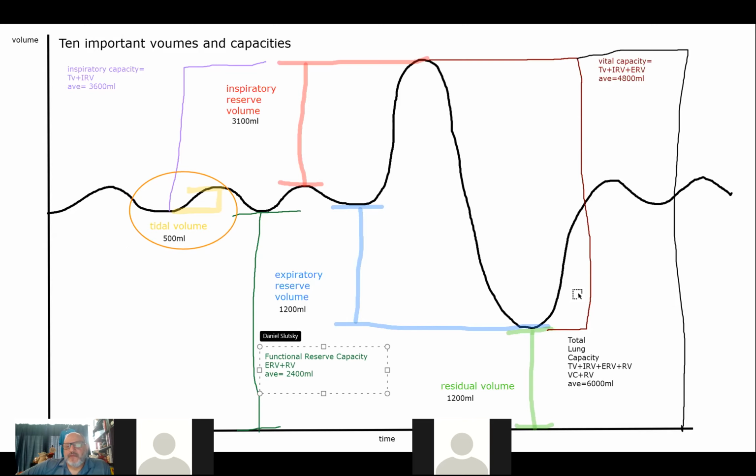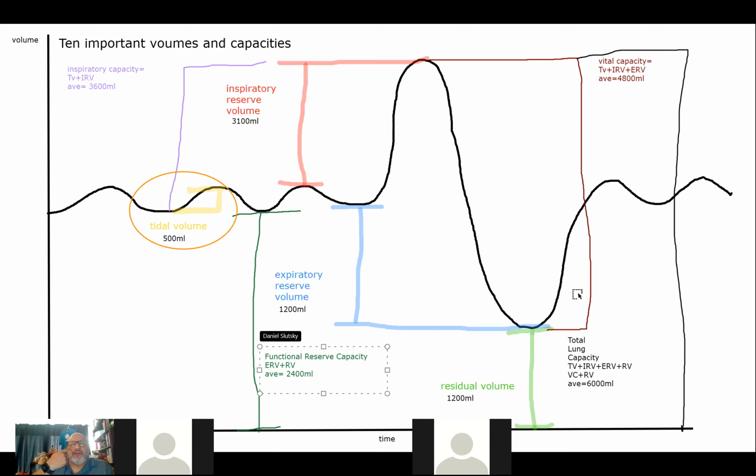Now, the goal of that normal resting breath is to get the air to your alveoli so that gas exchange can take place, right? Yeah, absolutely. But here's the question. If I'm bringing in 500 milliliters of air, is all 500 milliliters of that actually getting to the alveoli?